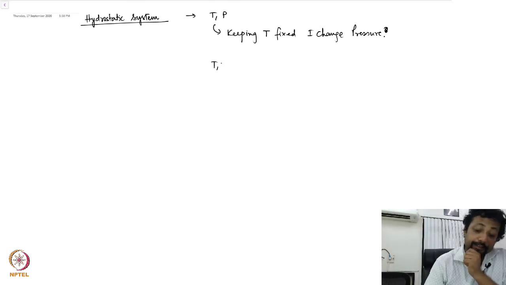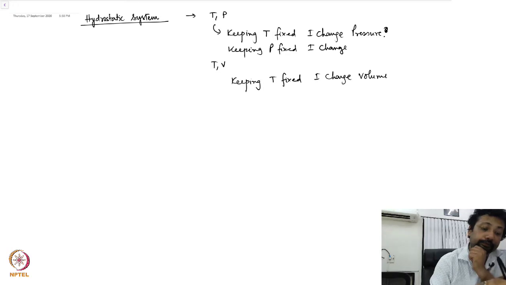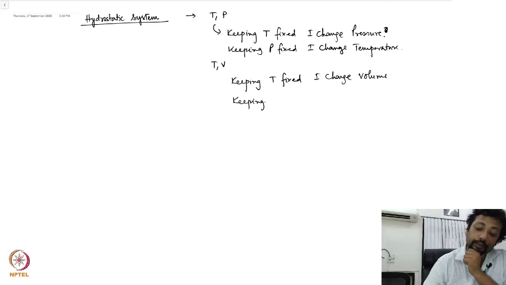It can be T and V, once again keeping T fixed, I change volume, and here also keeping P fixed, I change volume, or keeping V fixed, I change temperature.